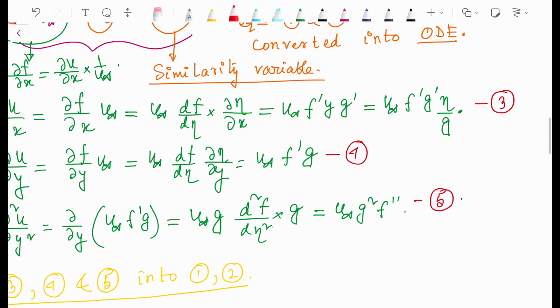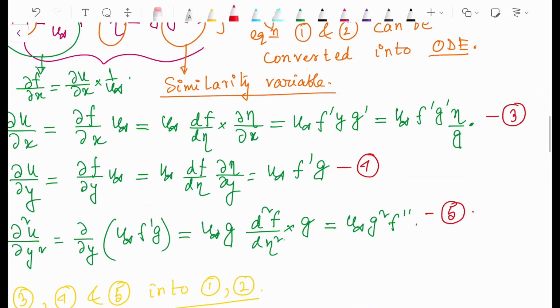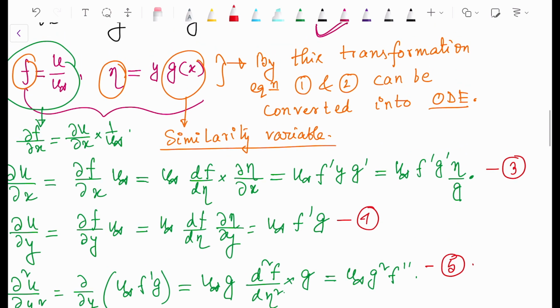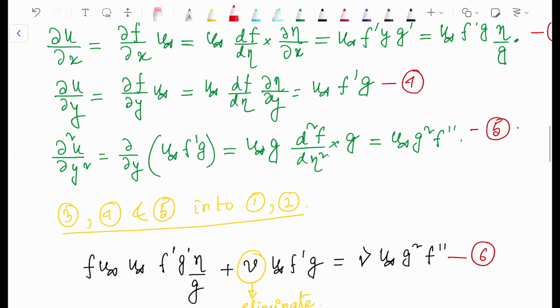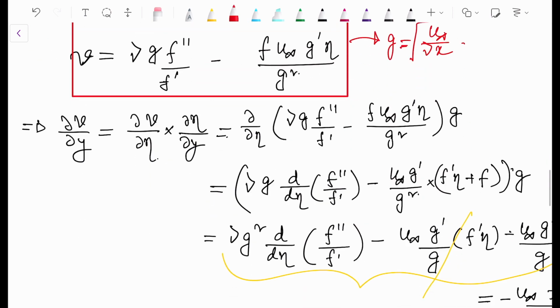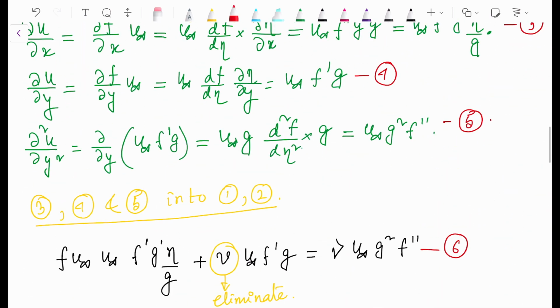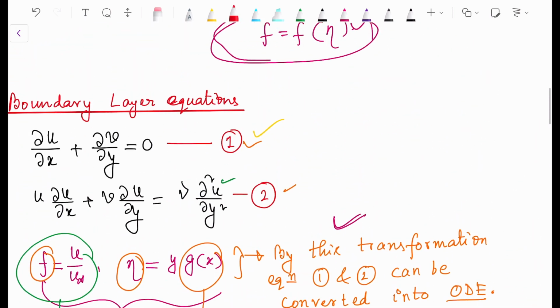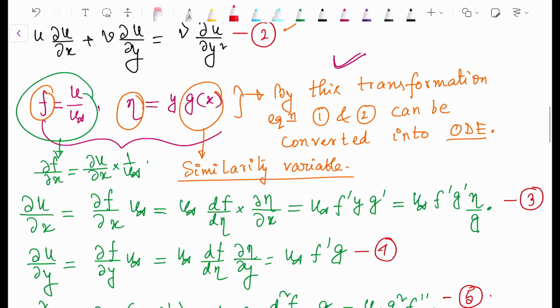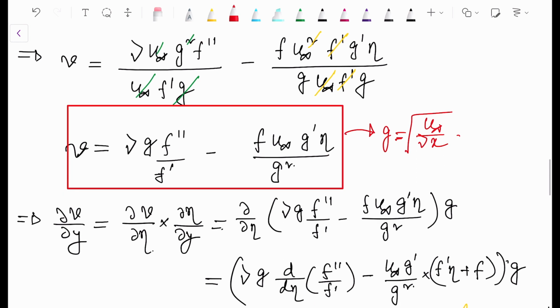Your task will be to come up with expressions of u and v in terms of the similarity variables. So I have v here, sorry, you don't have to transform this g here.